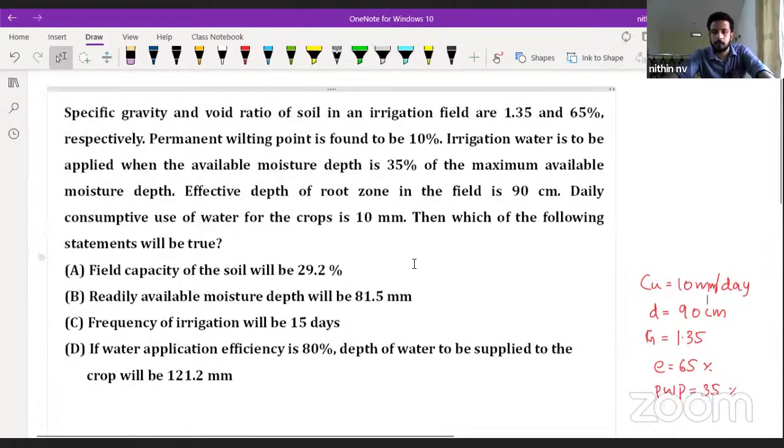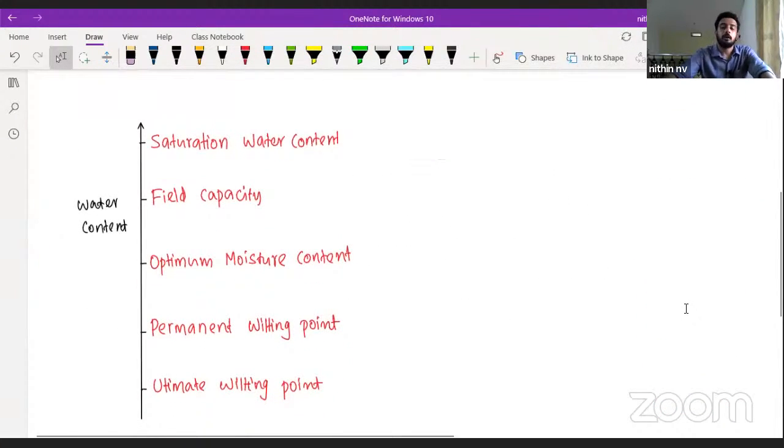Now, before going into the solution, just remember that the maximum water content the plant can take is field capacity. If the water content is more than field capacity, it is of no use to the plant. It will be there as either gravitational water or hygroscopic water. The plant cannot take it, because it will be a layer of water around the soil grain, which the roots of the plant will not be able to extract.